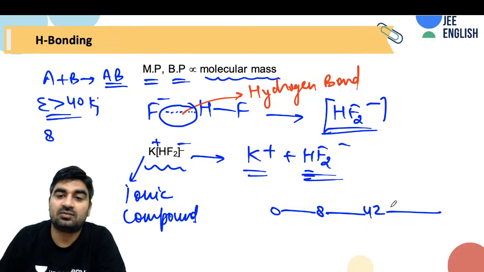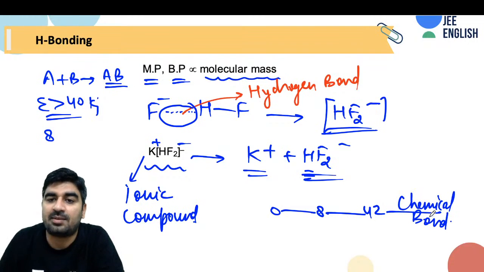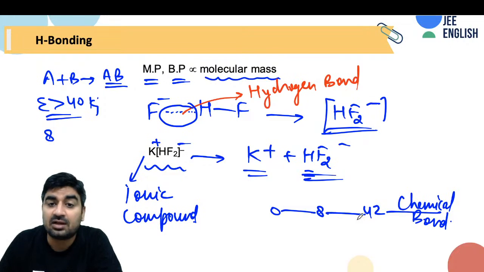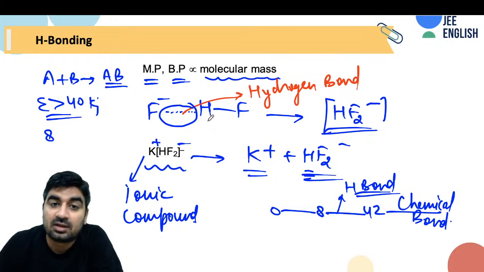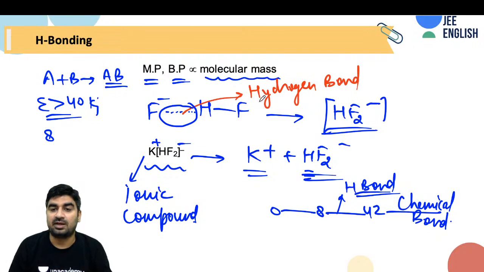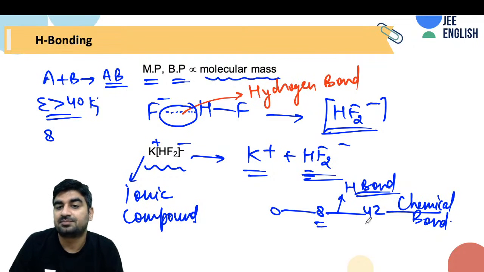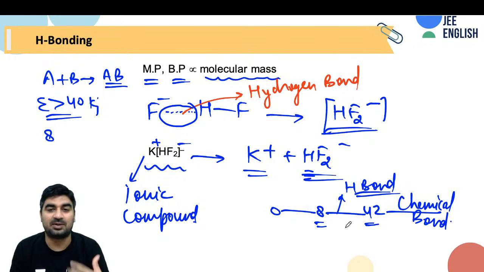If it is greater than 42 kilojoule, I will call it a chemical bond. If it is between 8 to 42 kilojoule, I will call it a hydrogen bond. When hydrogen bond formation takes place, the amount of energy released will be 8 to 42 kilojoule. And when you want to break that hydrogen bond, again you have to provide energy between 8 to 42 kilojoule. That's why they have high boiling point.